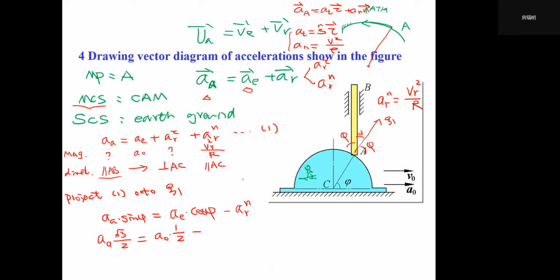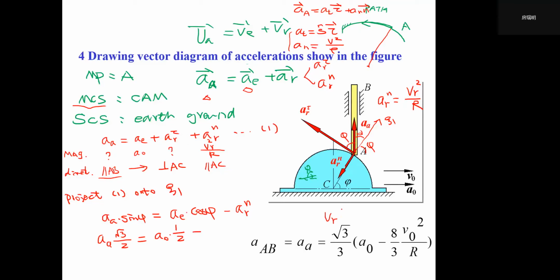And what about ARN? Let's see, because we know our VR, do you guys still remember that? ARN is VR squared over R, and VR times sine phi, which means sine 60, square root 3 over 2, should equal V0, right?